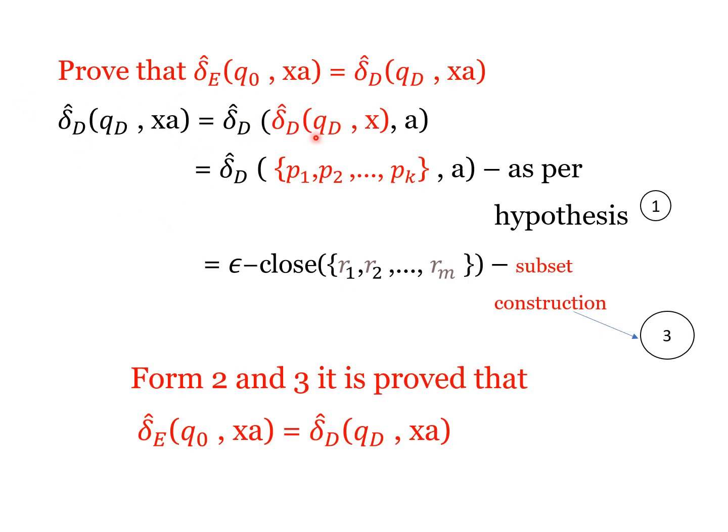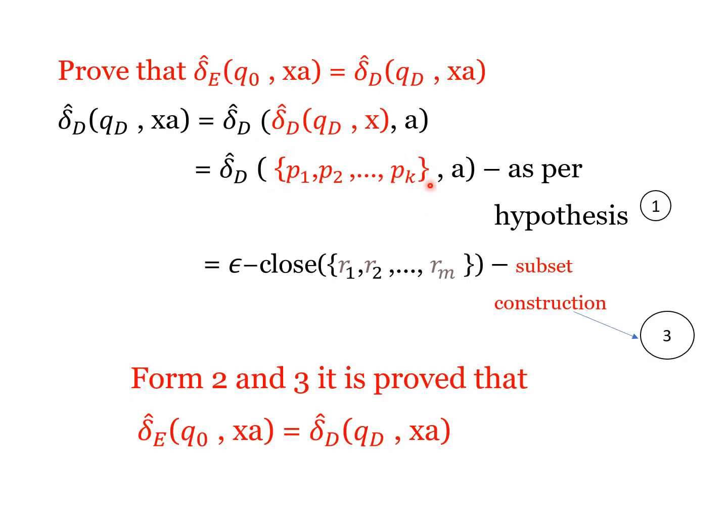As per the hypothesis again, we can say that we have to start from the start state of the DFA, and on the input string X, it goes to the set of states P1, P2, etc. up to Pk. This one is true as per our hypothesis. And as per the subset construction method, we know that this set P1, P2, etc. up to Pk is one single set in the DFA.